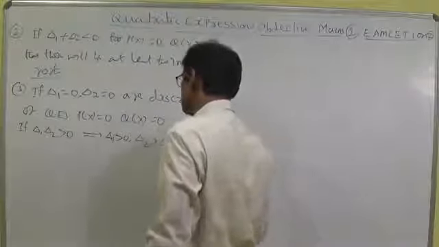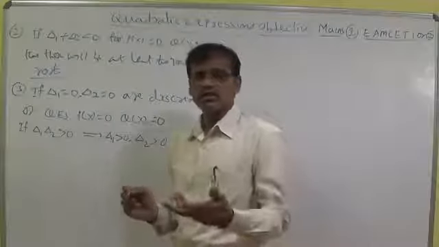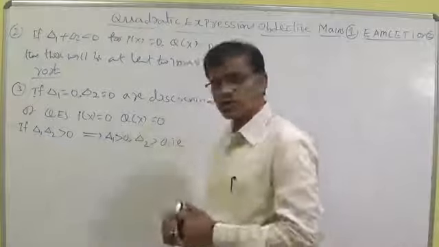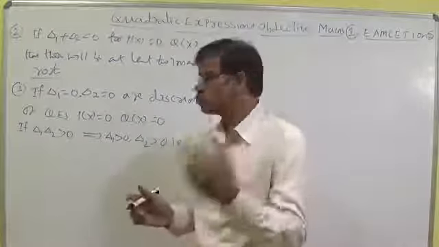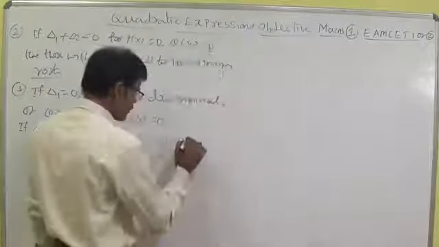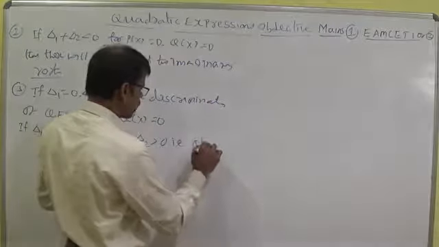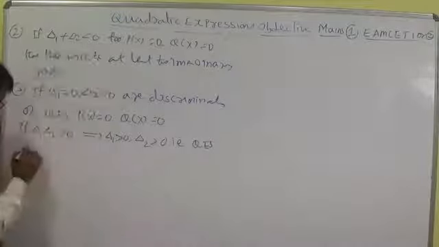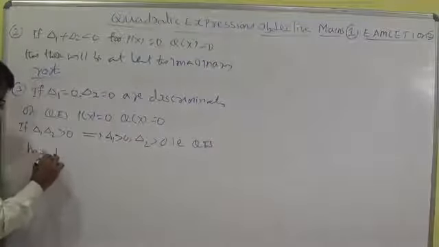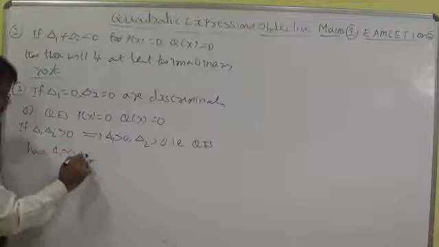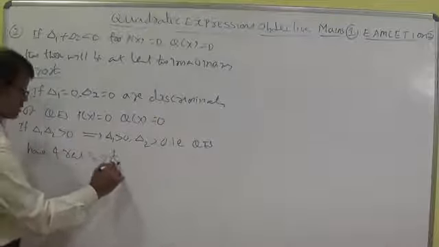Whenever delta 1 is greater than 0, there is a chance of 2 real roots, and whenever delta 2 is also greater than 0, there is a chance of 2 real roots. That is, P of x equal to 0 and Q of x equal to 0 together have 4 real roots.